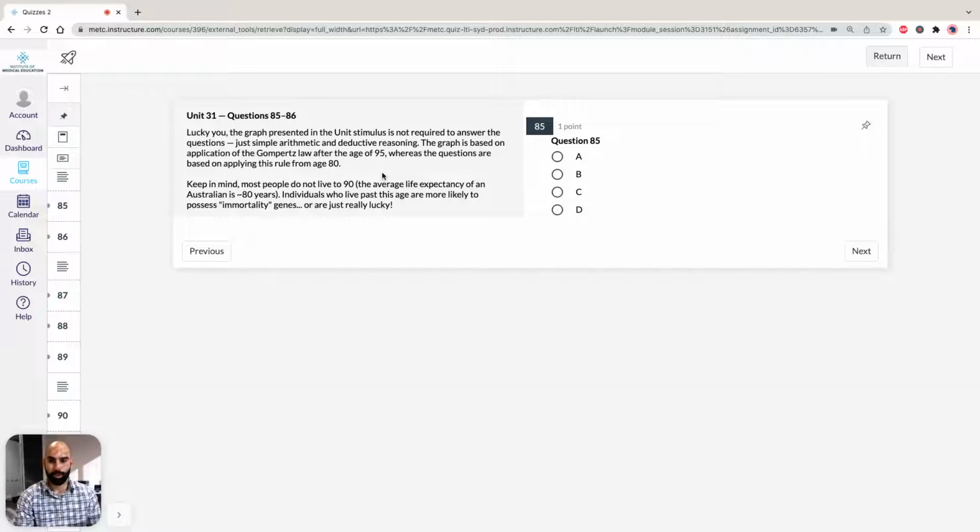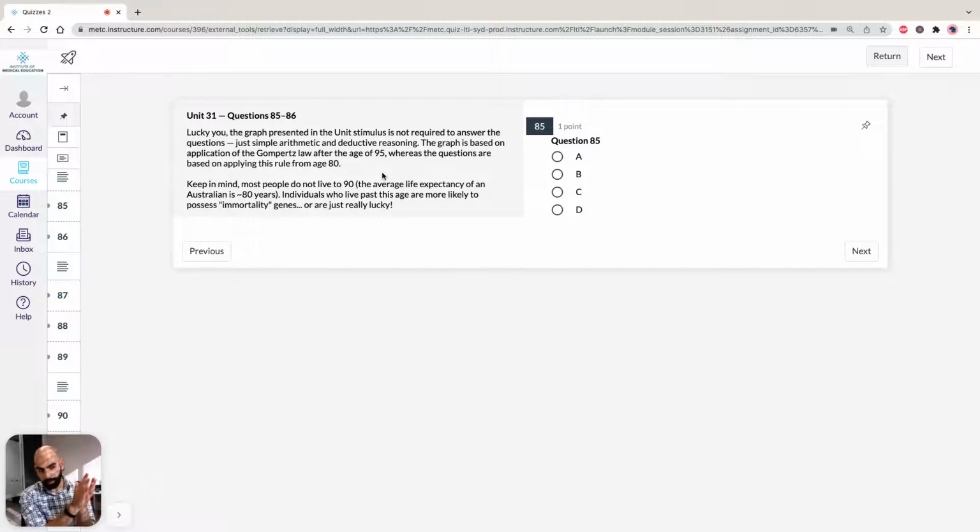If we take a look at question 85, it says, suppose Gompertz law is applied to the data from age 80, and the mortality rate is 0.1, the probability of a human dying in a particular year doubling every 5 years. Which of the following is closest to the probability of a 95-year-old person dying before 96?